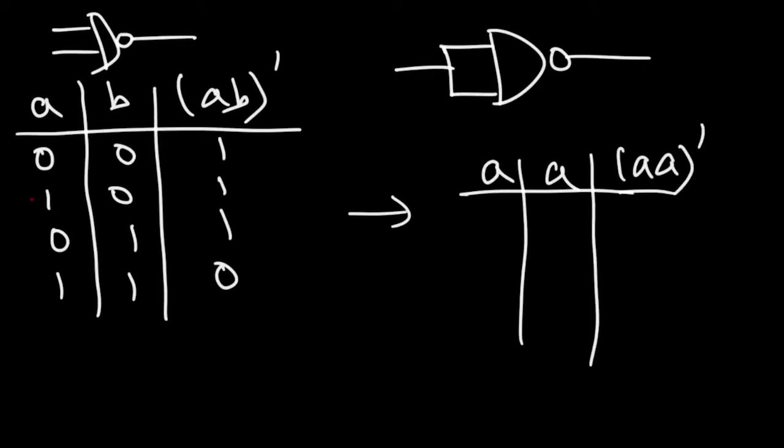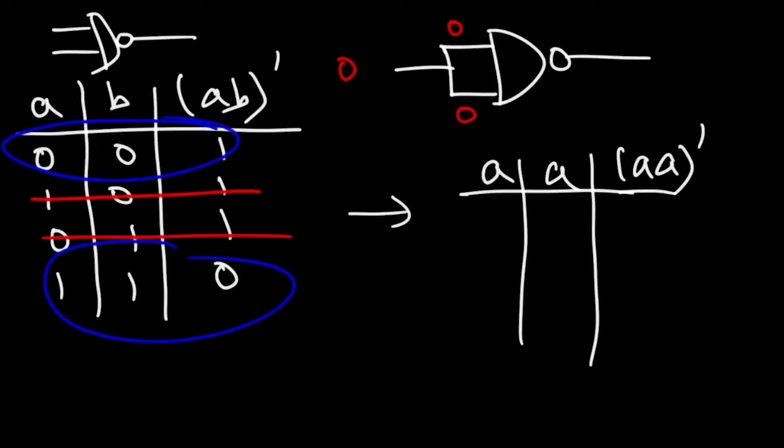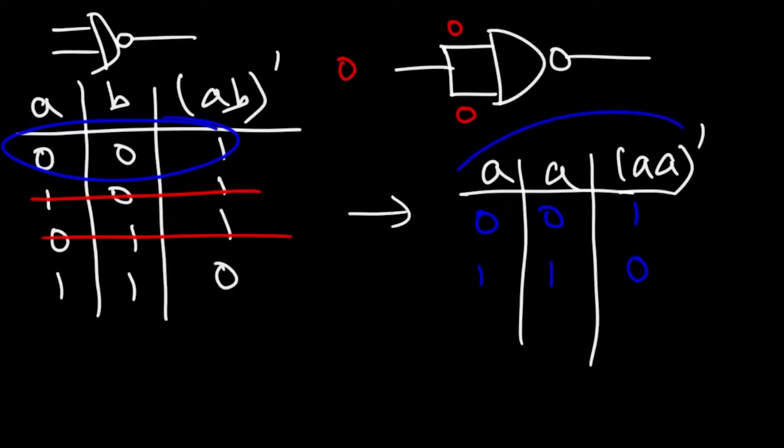So therefore, these two possibilities cannot work. Because let's say if this is A, this has to be A as well. So meaning, let's say if we have a 1, we can't have a 1 and a 0. That's not possible. If this is going to be a 1, both of these inputs will be a 1. Or if we have a 0 here, both inputs will be a 0. So these are the only two possibilities. So if we have a 0, the output is a 1. And if we have a 1, the output is a 0. And so this is the same table of a NOT gate.